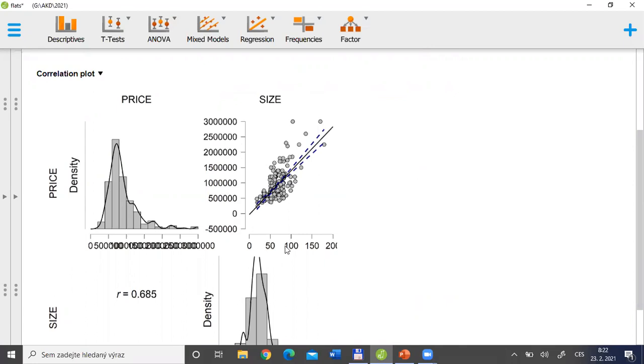It seems realistic, at least to me, that sizes are influencing prices. So I would call prices the dependent variable, outcome or explained variable, and sizes on the x-axis the independent variable, explanatory variable, or sometimes we also use predictor.